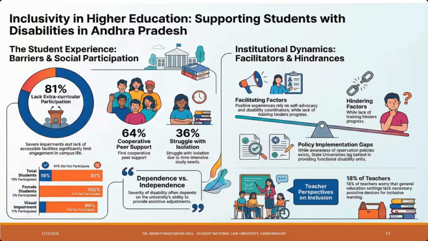I collected data from 100 students to understand what type of impairments and disabilities they have, what educational experiences, what social experiences they have, and what support services are available in their universities.